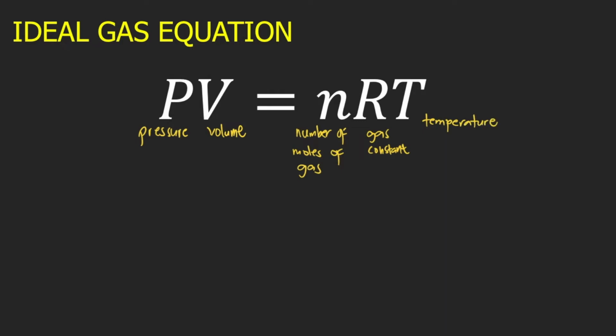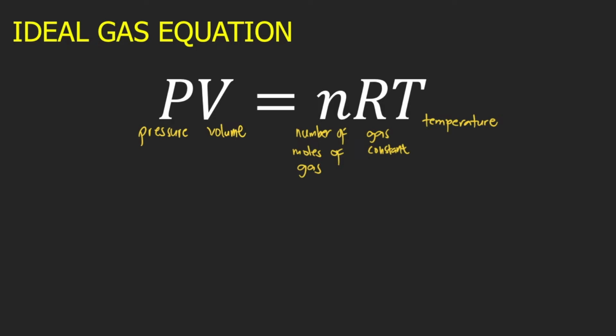Now, if you have watched my other videos about the other ideal gas laws, you can see in their formulas that you have P1 and P2, V1 and V2, n1 and n2, T1 and T2. It's because those ideal gas laws involve changes, so you have initial values and final values.